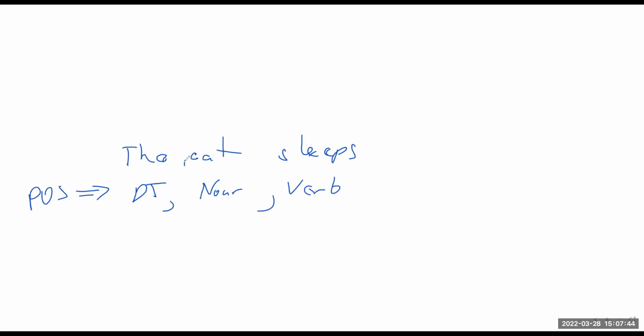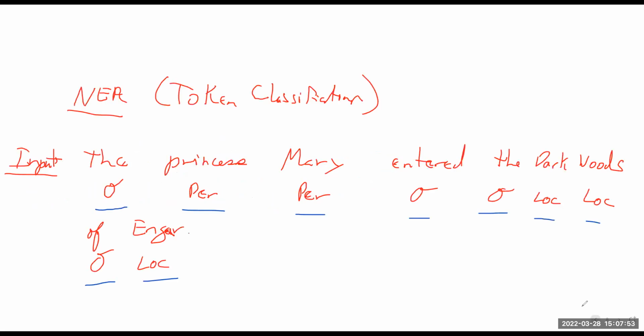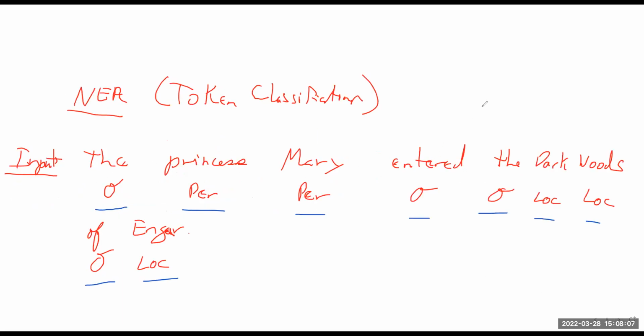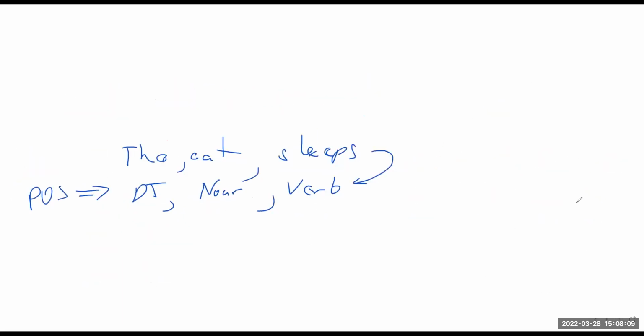Same thing: you get this sequence as an input, and you get this sequence as an output. But would you agree that these are still supervised? That means that you need to have labeled data. In the case of token classification, you're going to need examples that look like this, and then do the prediction. Is this clear enough?